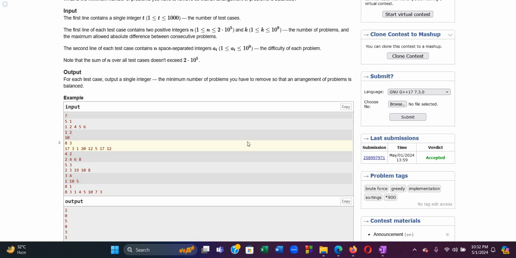What is the condition? The condition is that each and every adjacent element's absolute difference is always less than or equal to the number that is going to be given, which is the number k. You have to make sure that it follows this condition.